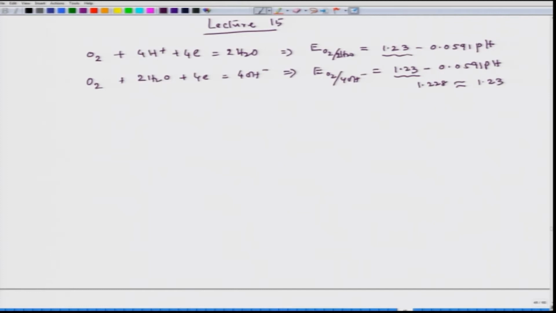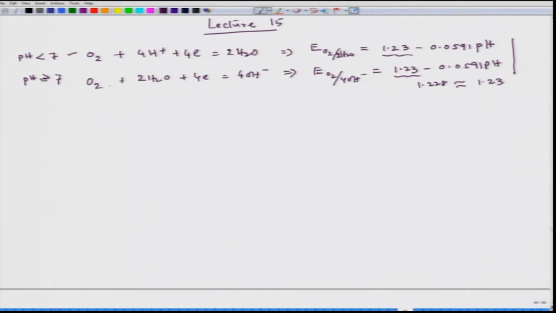So, you see the equation, if we plot potential against pH, they will fall on the same line. But the first reaction will occur when pH is less than 7, and the second reaction will occur when pH is greater than or equal to 7.